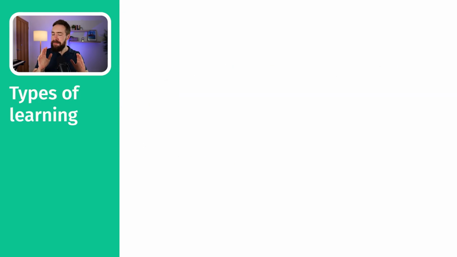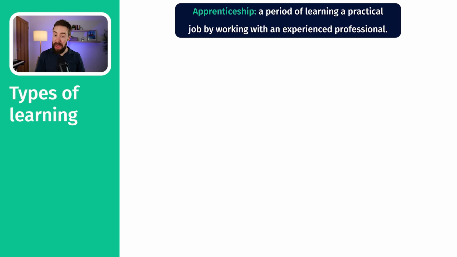Now, what does that mean? That's the first of our types of learning words. So apprenticeships is when you've started a new type of job and it's something that you haven't done before. And that could be anything. That could be like if you're becoming a chef, but you haven't worked in a restaurant before, you have to do your apprenticeship.